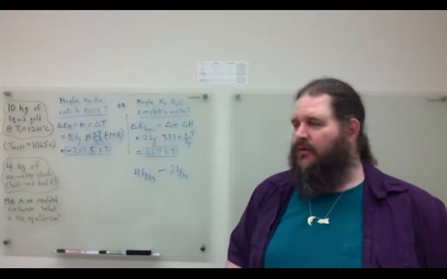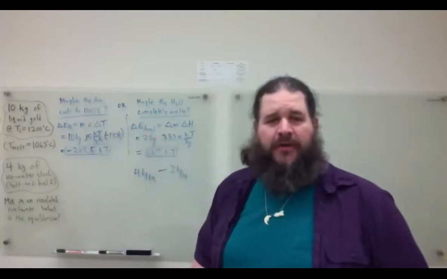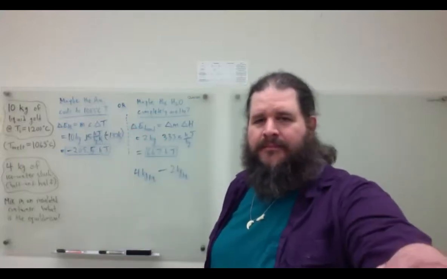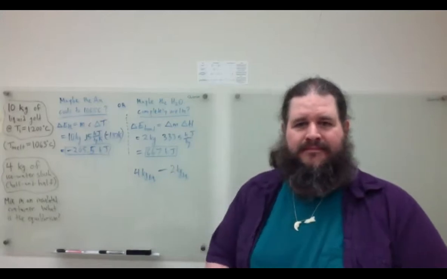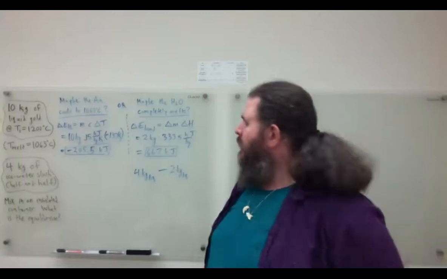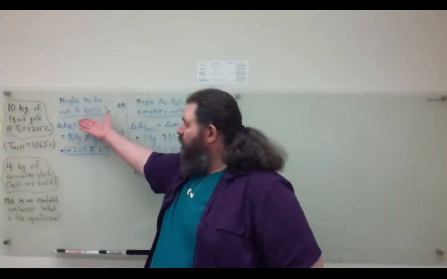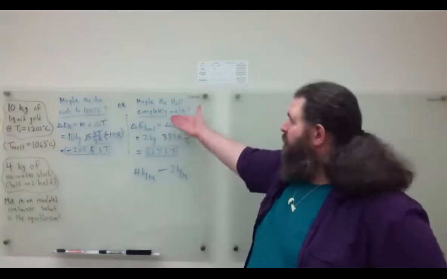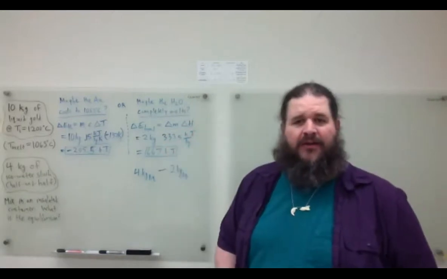Based on that information, which one of these processes finishes first? We can tell the gold cools down all the way to 1063 degrees before the water finishes melting. And how can we tell that?